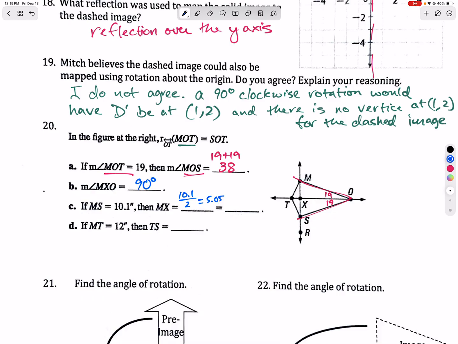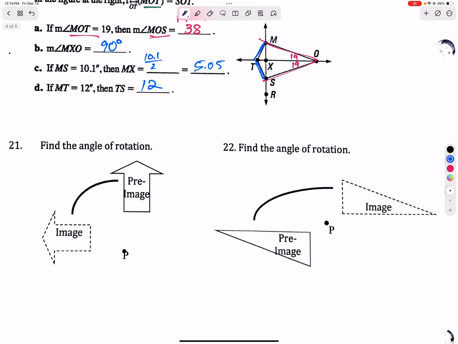Sorry. I don't know. Maybe they want it like that, and then 5.05. Okay. If MT is 12, TS is also 12. All right. Cool.